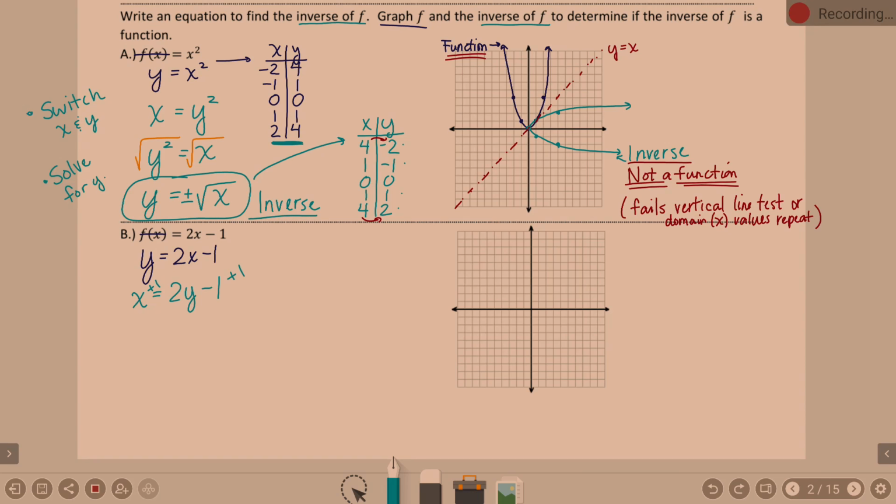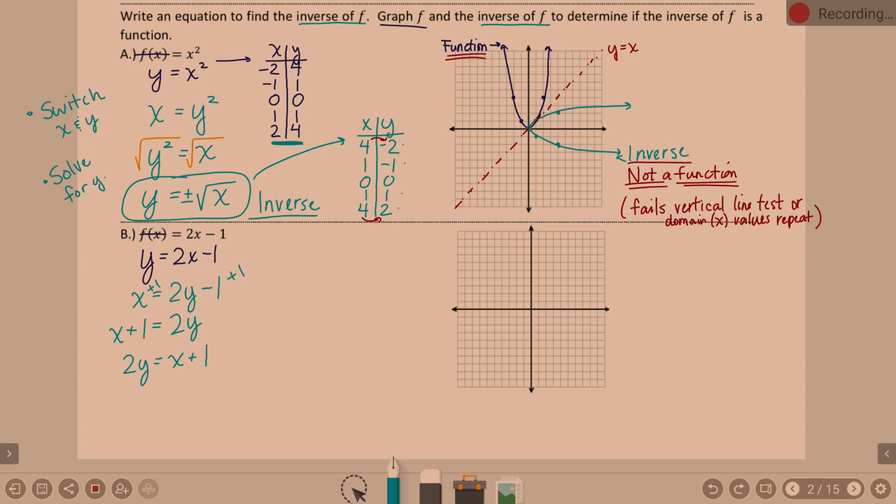Since it's minus 1, we're going to add 1. Are you guys okay that I started on that side? Okay. So then we have x plus 1 over here. On the other side, I have 2y. And if it's better, I can flip this. I can make this 2y equals x plus 1.